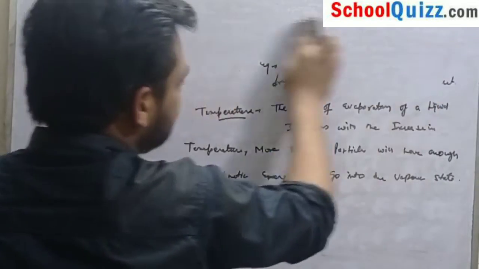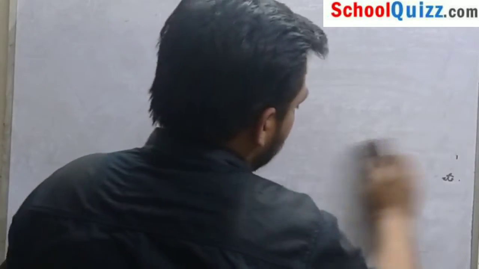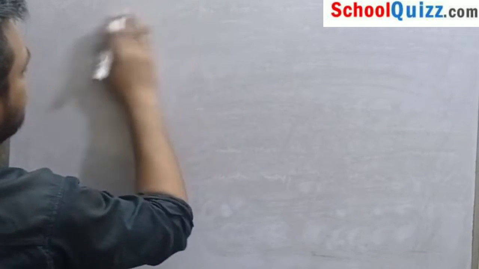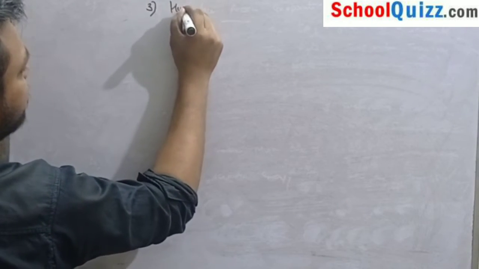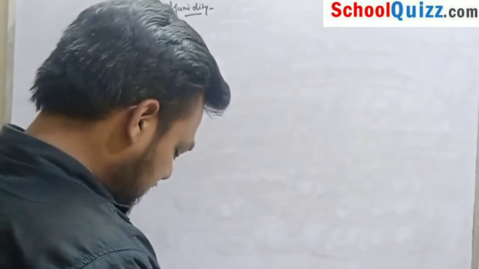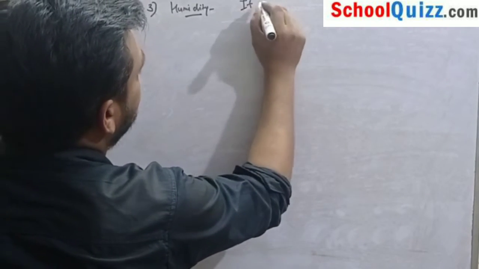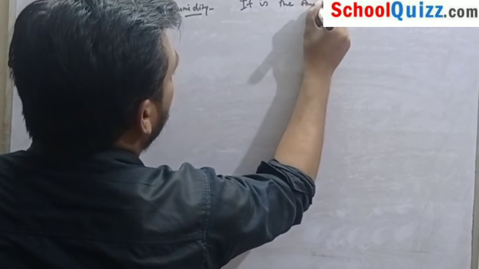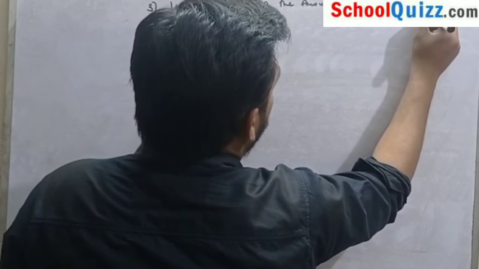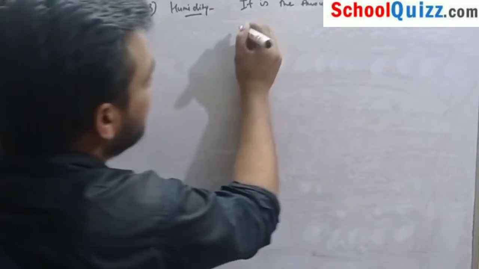The third one is humidity. What is humidity? It is the amount of water vapor present in air.